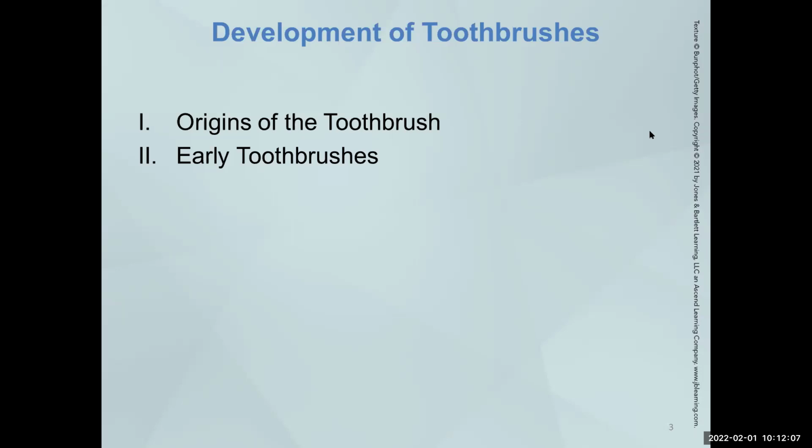But wild boar was used also, and synthetic materials weren't being used until after World War II. Now we're using power brushes, and power brushes started coming in around the 1960s, and they've come in fashion, out of fashion, in fashion, out of fashion. Now they are back in fashion, just as the water pick is.